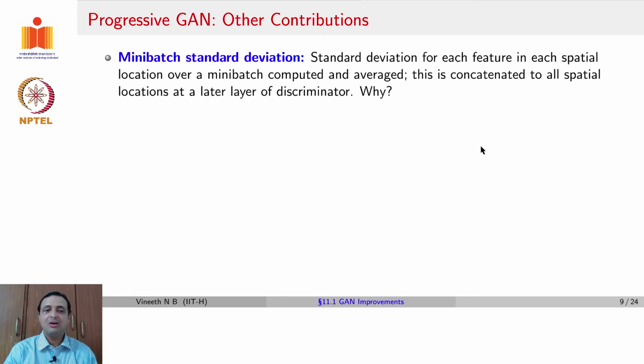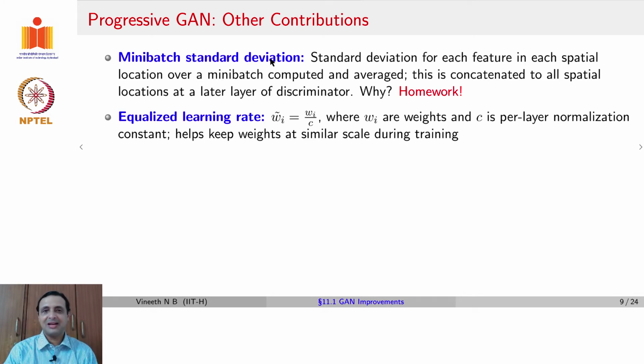So you can imagine now that when the generator generates a particular feature map, you take every spatial location, which is every pixel, and you compute its standard deviation across the entire mini batch. You will get a certain standard deviation for that value across the mini batch that is concatenated to all spatial locations at a later layer of the discriminator. Why do you think this is done? Think about it. It will be your homework for this lecture.